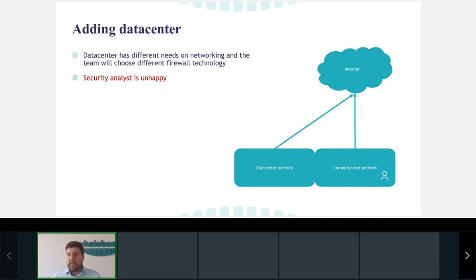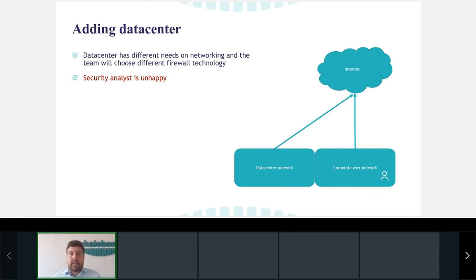Definitely. You have an additional firewall now. You have two places to look into. You have to somehow deal with that, either integrate everything in some sort of SIEM solution, log management solution, and get the high level overview. The configuration will have to be done in different places. So the security analyst here is probably a very unhappy person.